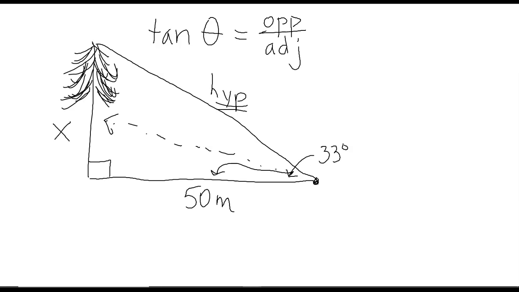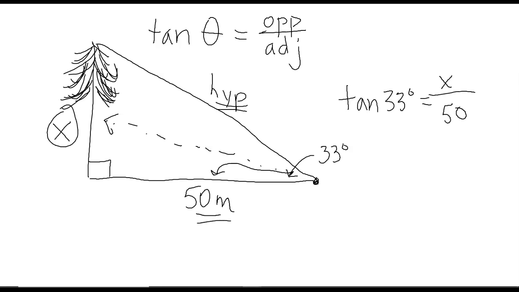We're not talking about the hypotenuse in this case. So we can write the sentence. Think of it as a sentence. It's an equation that the tangent of our angle, which we know is 33 degrees, equals opposite. Opposite is X over our 50 meters. Okay?